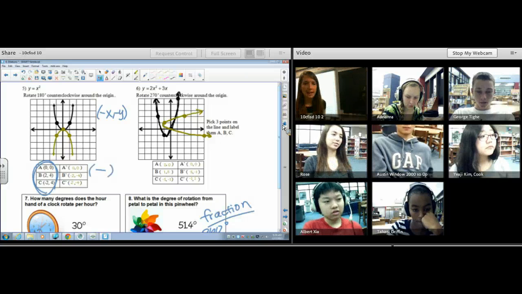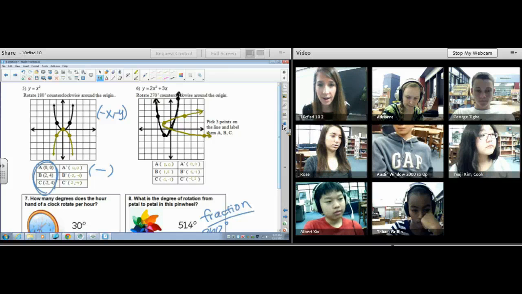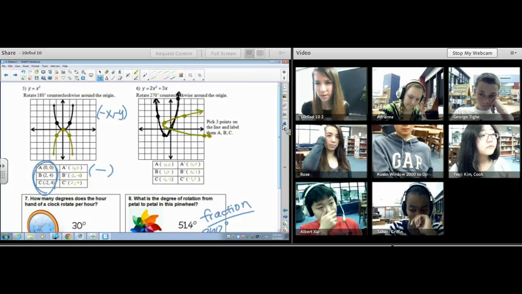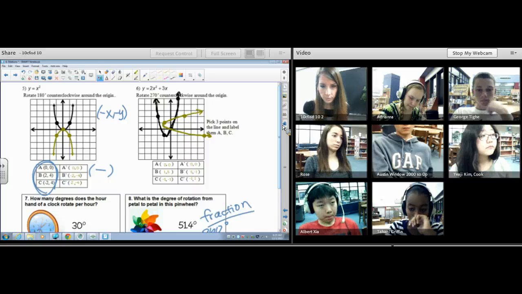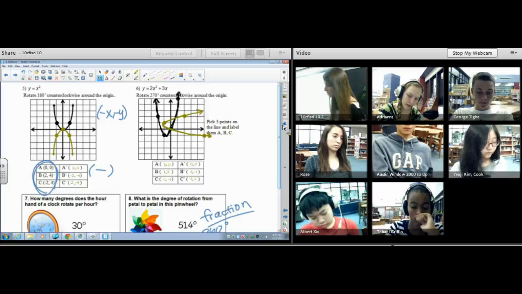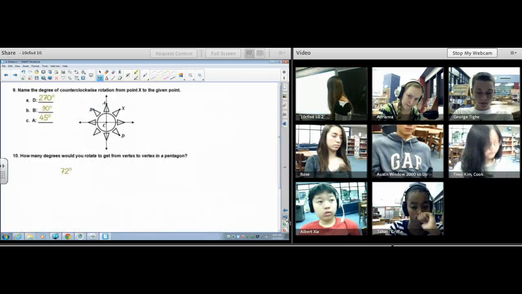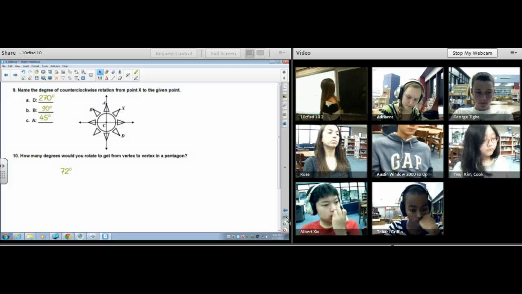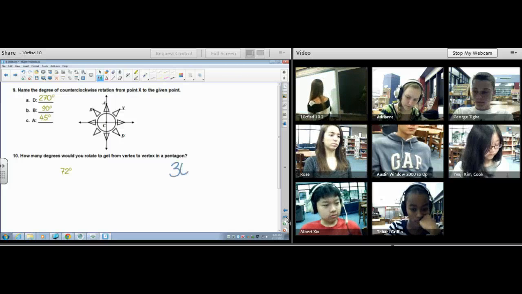So in that case, 180 degrees counterclockwise rotation is really a reflection over the x-axis in the case of that parabola, because parabolas are symmetrical. Okay. No, equations of lines won't be on your quiz. Not equations of lines. Rotations, yes. Number 10, you're just doing 360 divided by 5.